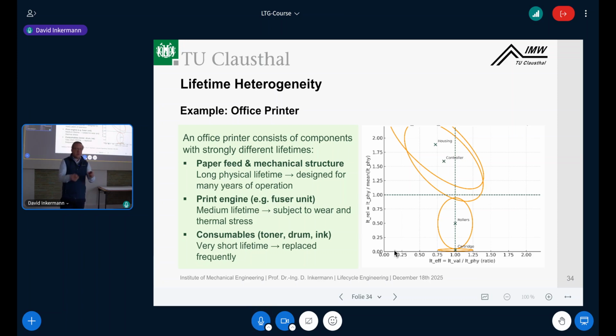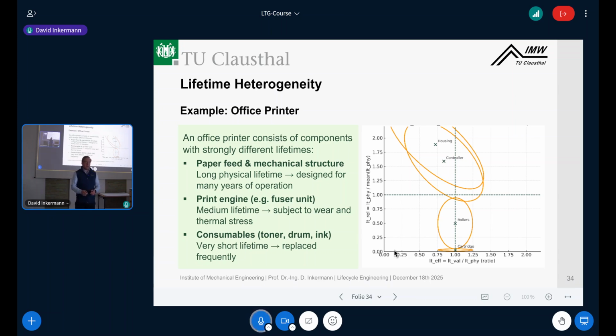That is where you can bring these different components into the diagram and decide what to do with them. The circles around the components just express some uncertainty, because it's also in different use phases and for different stakeholders there's an uncertainty. For the paper feed and mechanical structure, we expect a long physical lifetime, and therefore possibly years of operation.